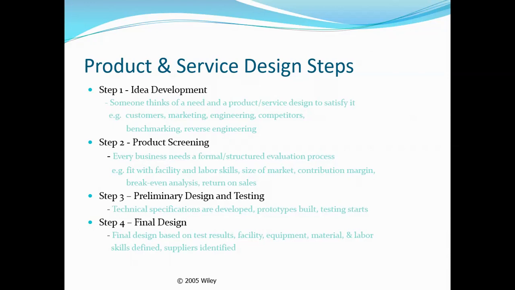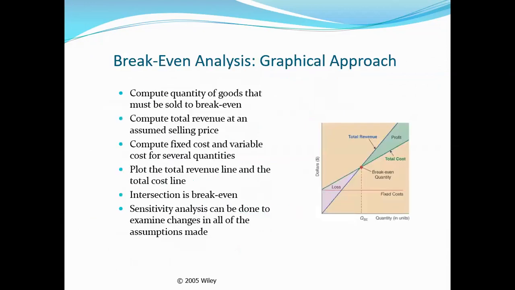So the final design will be based on the test results, the facility and equipment, what equipment we have, and the materials or labor skills we have. We also need to identify the suppliers: who are we going to work with and how, and that kind of stuff. And then we can use the break-even points, like I say, to screen out different equipment, different products. Okay.